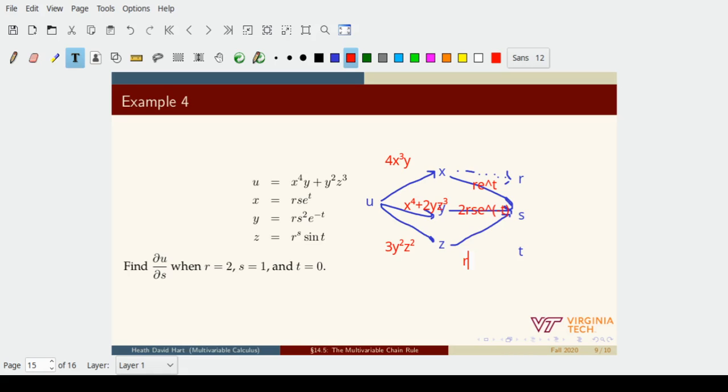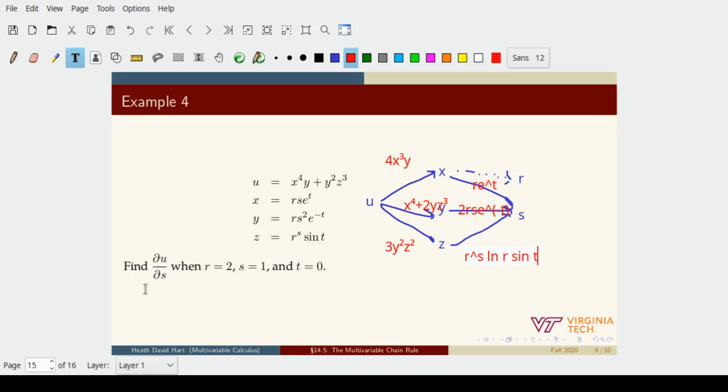Z with respect to s is, since this is r raised to the s power, r raised to the s times the natural log of r times sine of t. Okay. All right.